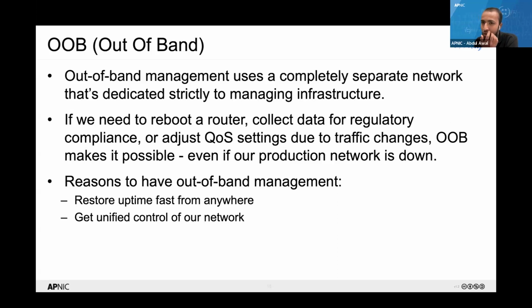So most of the network operators have a separate network for management. So just in case the production network is congested, the management traffic doesn't follow the production network. Actually, it has a separate dedicated network to connect.